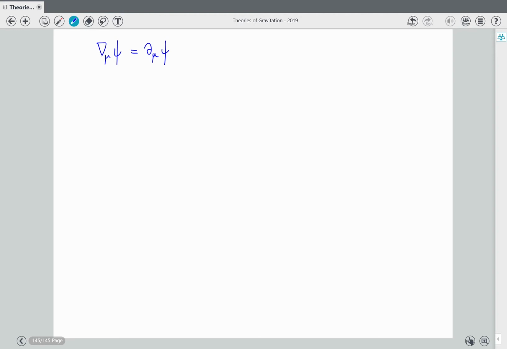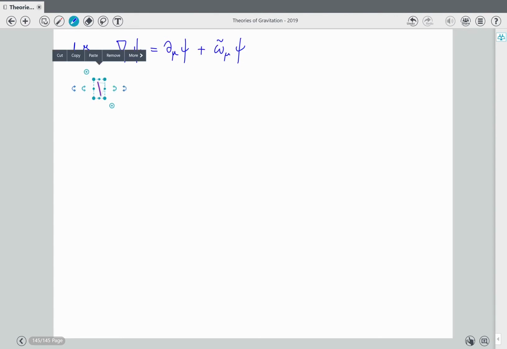Partial mu psi plus omega tilde mu psi. And if you want, you can multiply by dx mu both sides and write it as del psi equal to the exterior derivative of psi, and then this form.